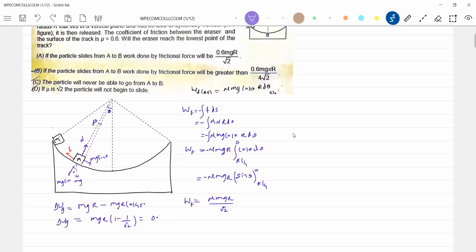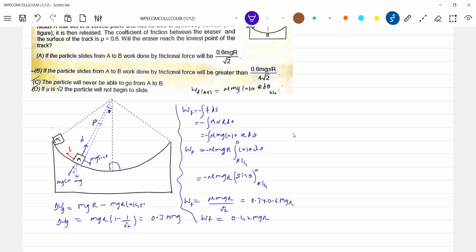So this will become 0.3 mgr. Mu is 0.6, no? So 0.7 into 0.6 mgr is 0.42 mgr. This is the work done by friction.